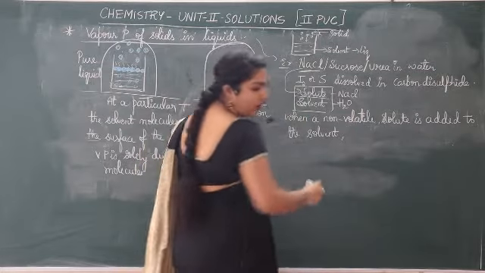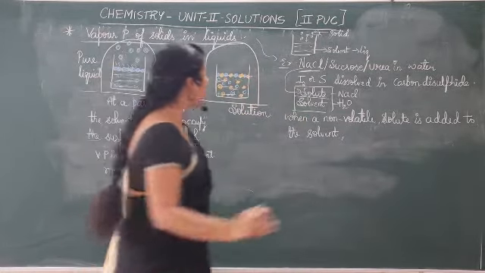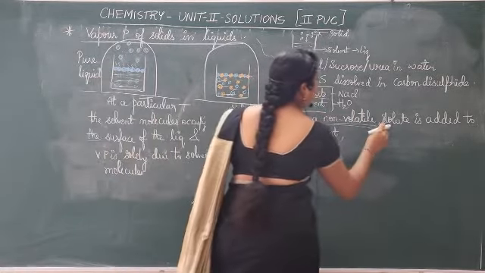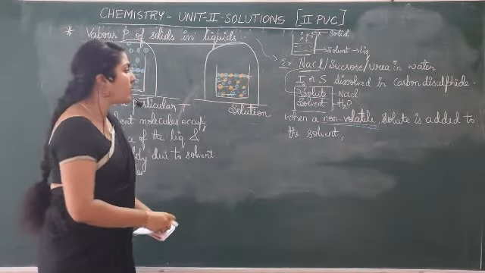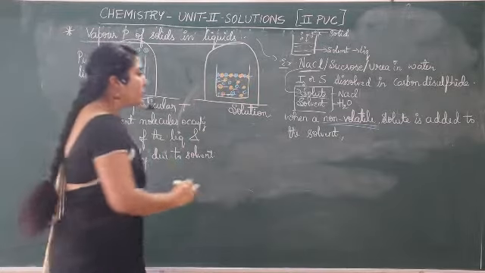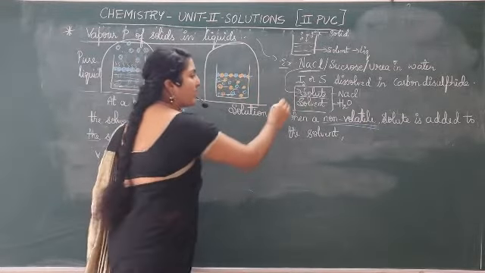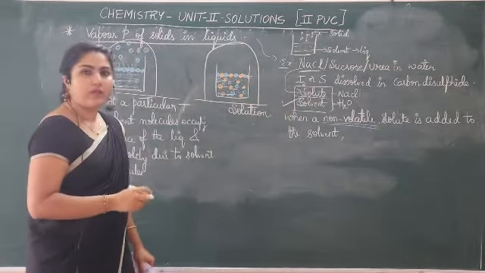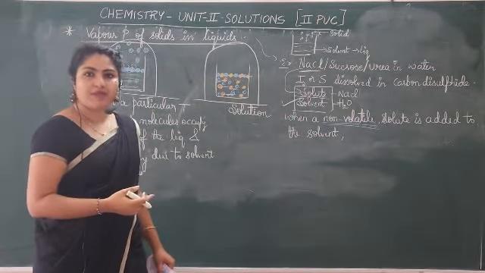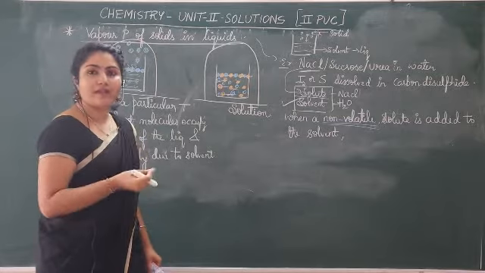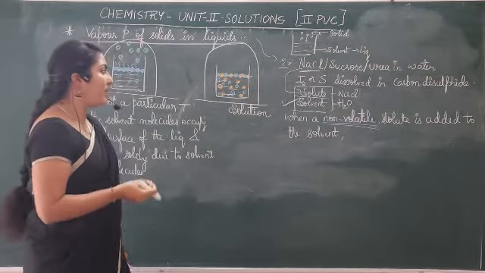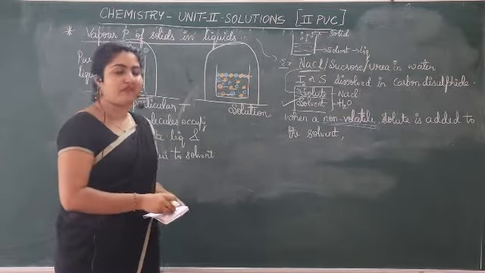When a non-volatile, see they have mentioned here as non-volatile. Non-volatile means what? Which cannot evaporate. So here sodium chloride, say for example, the solute cannot evaporate. Only solvent will be evaporating. So this also will result in vapor phase. Yes, they also try to attain equilibrium. It also tries to have the vapor phase there.